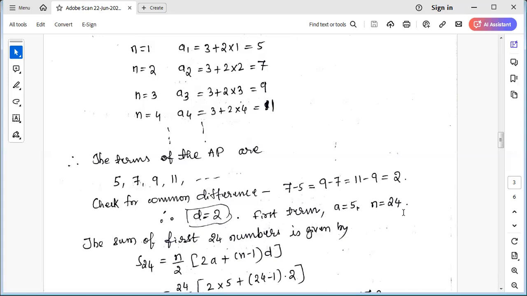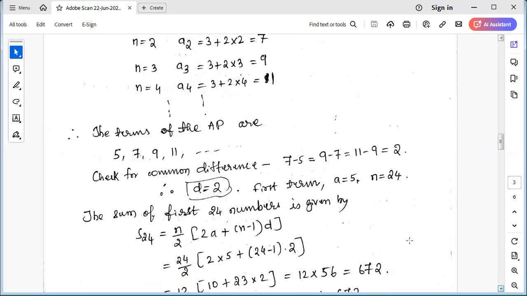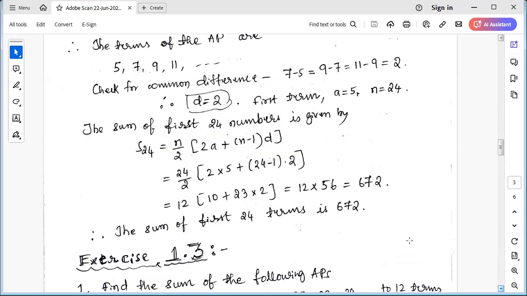Next, the sum of the first 24 terms we have to determine. Now it is possible because we have determined D. So the sum of the first 24 terms is equal to n by 2 into (2a plus (n minus 1) into D).